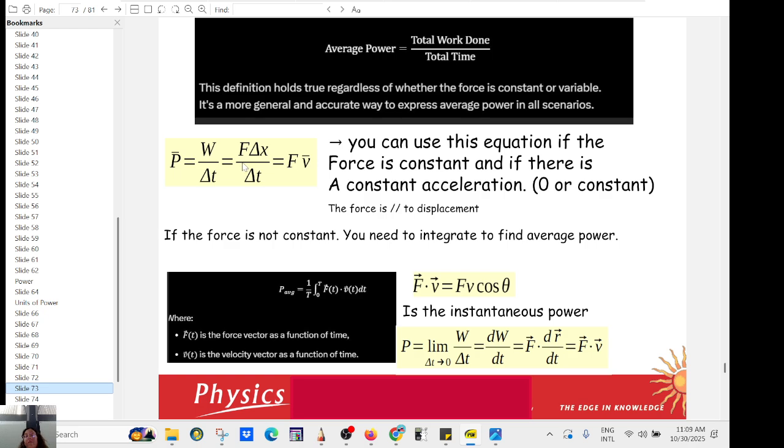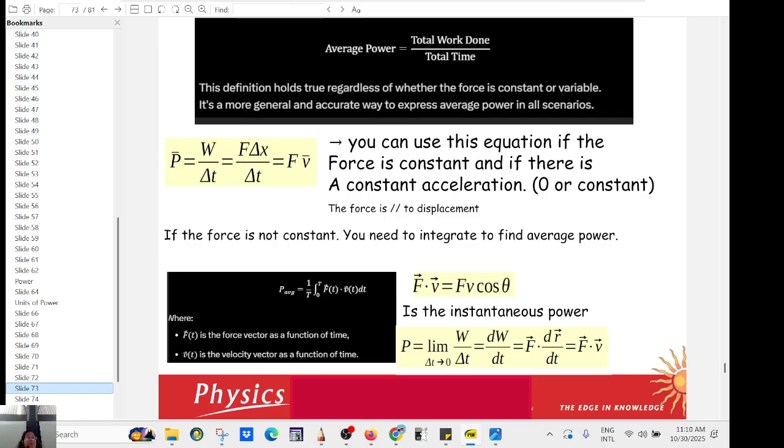Now, if the power is delivered by a force and that force stays constant, doesn't change with time, then we can say that the work is the net force, or the force that is delivering the power, times the displacement over time.